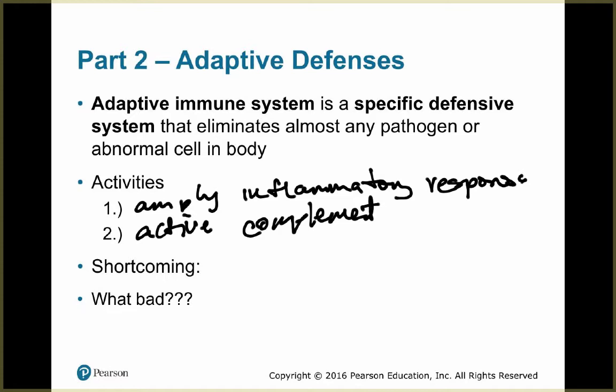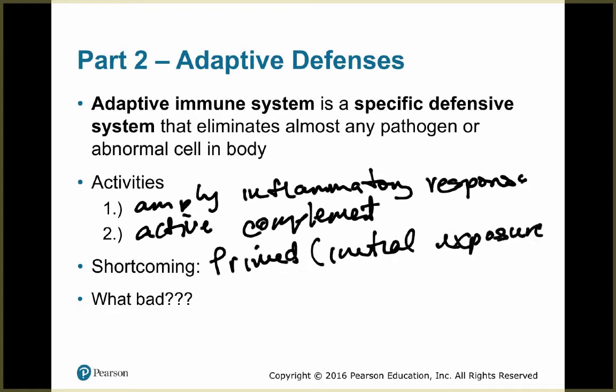Now, it does have some shortcomings. The problem is it must be primed, which means it needs an initial exposure. And why that can be a problem is because it takes a lot of time to do that, right?